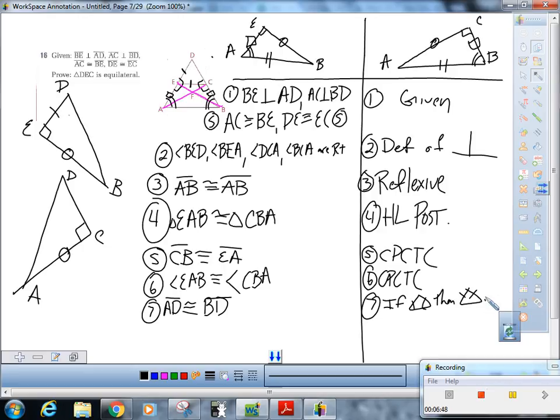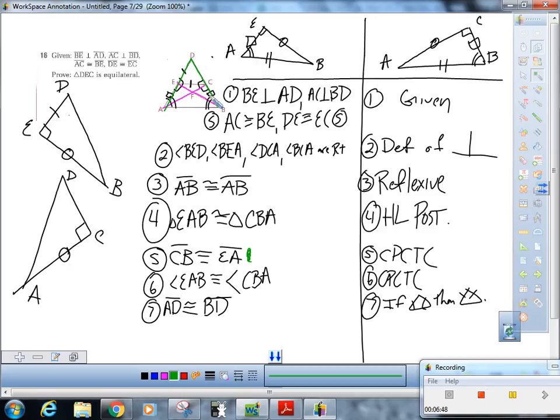Okay? Now here's where it gets a little bit tricky. So follow with me. Do you see that I've got now this side is congruent to that side? And do you see how in this statement right here, I said that this side was congruent to this side?